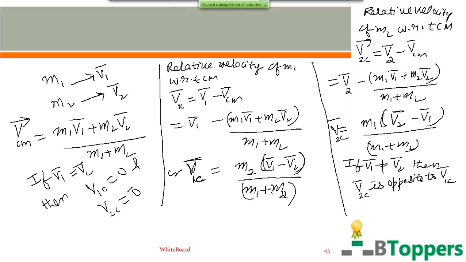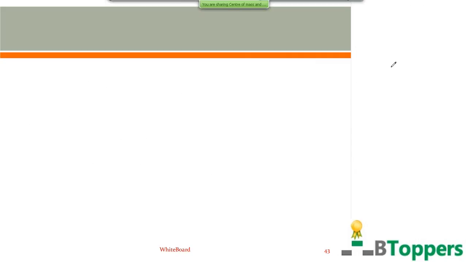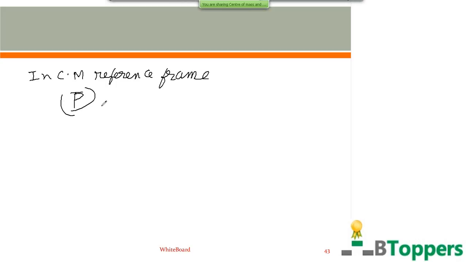You can arrive at these conclusions by another approach also. As I discussed before, in the center of mass frame, I mean the center of mass reference frame, the frame of reference in which we choose the position of the center of mass of the system as the origin of the coordinate system, the vector sum of linear momenta of all the particles of the system with respect to center of mass will be 0.